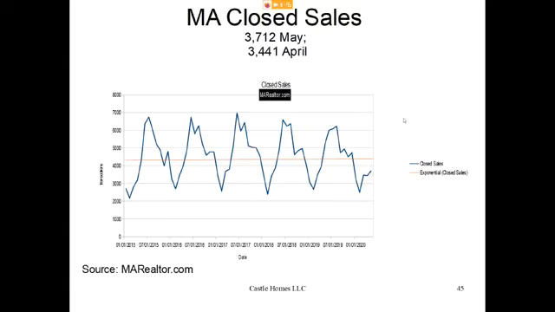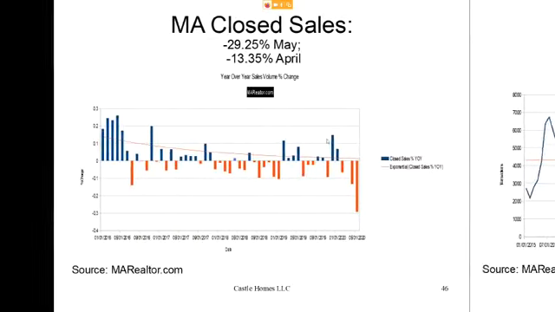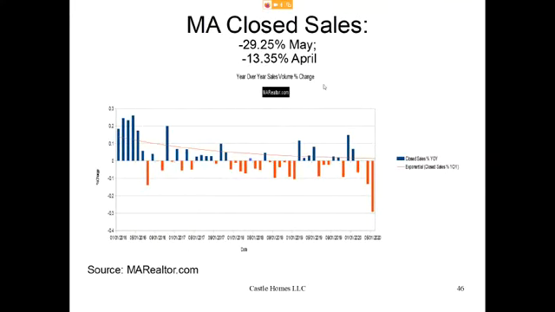Hopefully this uptrend continues. And again, same idea, 13% decline for April and 29% decline in May. These are pretty outsized declines. You have 10%, 20%, but I mean, man, we almost hit 30%.